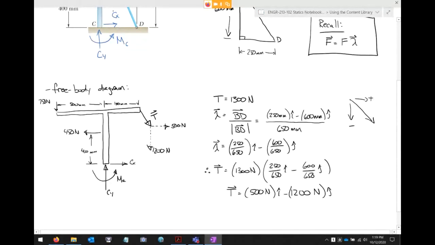That's equivalent to me saying just that single tension vector of 1300 newtons in that direction. And in fact, to ensure that I'm not confusing some of my distances later, maybe I ought to erase this altogether and just put 500 newtons, 1200 newtons, just so everything's crystal clear.